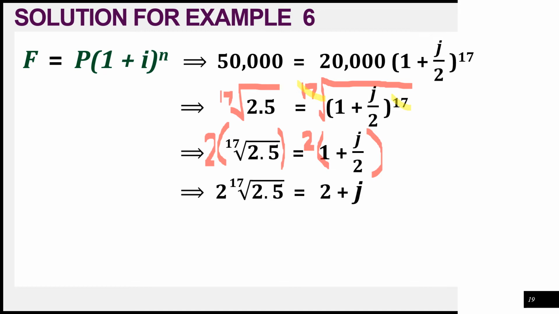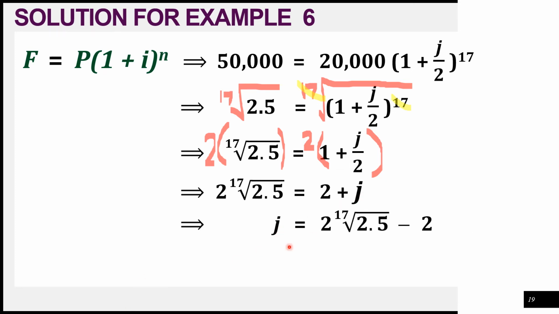Now, for us to be able to have j alone on one side of the equation, all we have to do is just to move positive 2 to the other side of the equation and change its sign. Then we get this one.